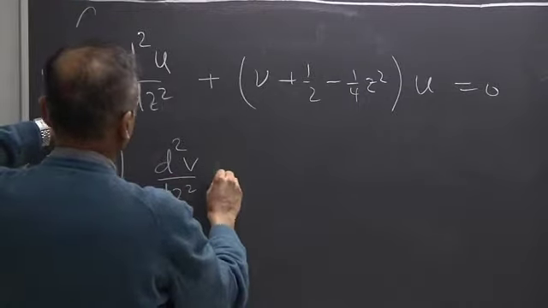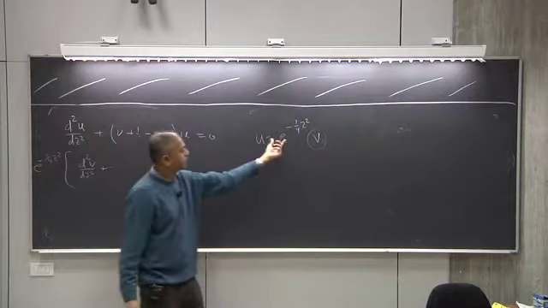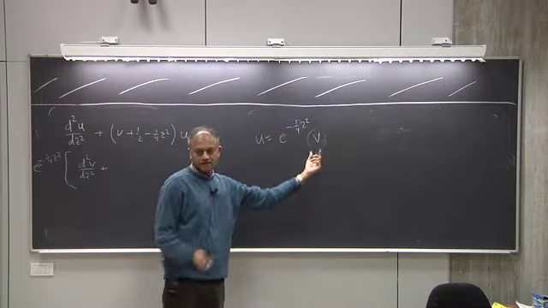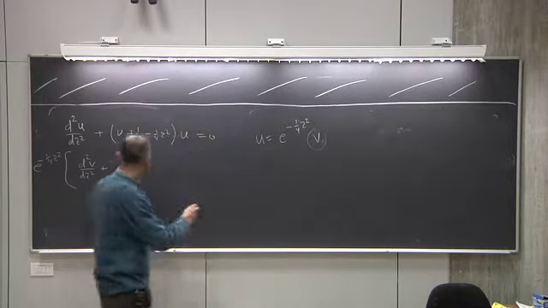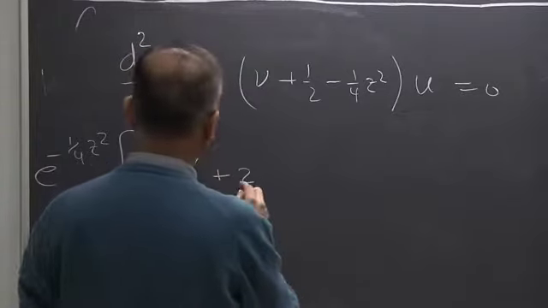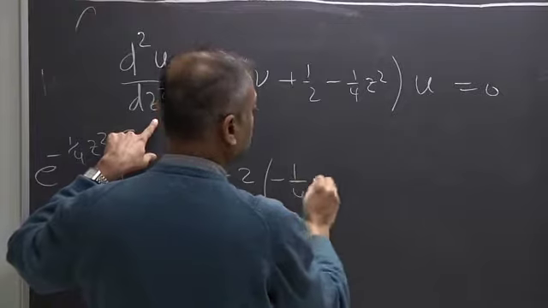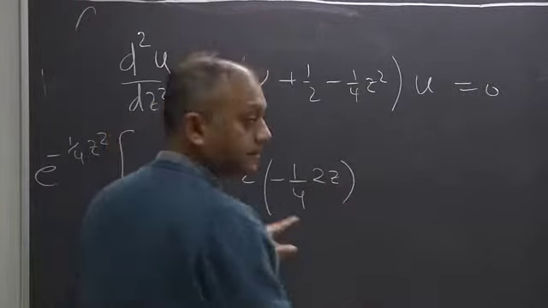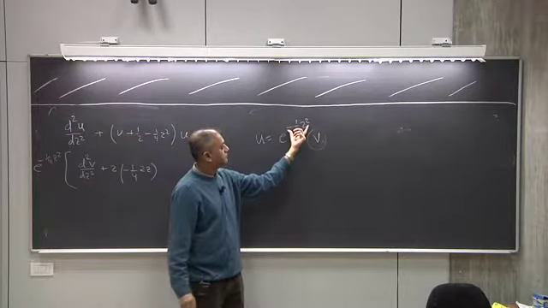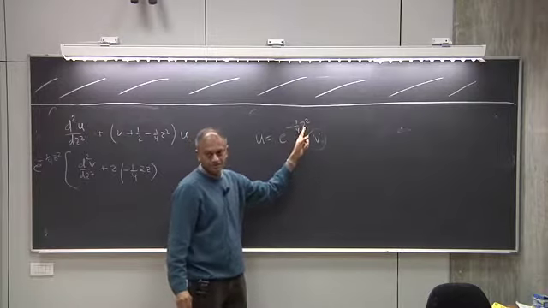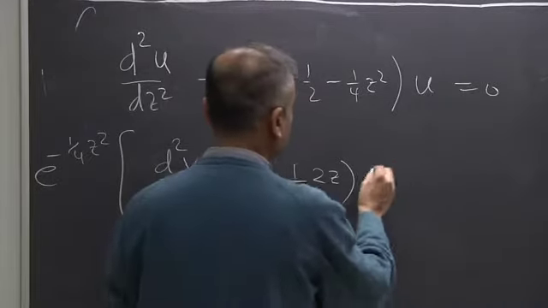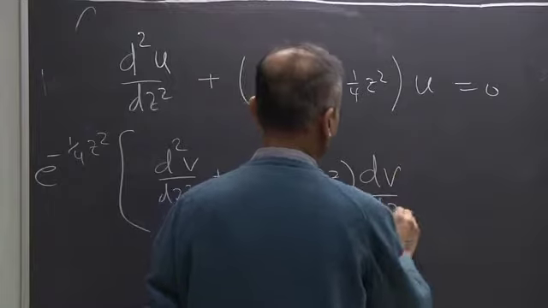Then there will be a term when one derivative hits the exponential factor and the other hits v, but there's a combinatoric factor of 2. So you get a plus 2 times the derivative acting on the exponential, which is minus 1/4 times 2z, times the derivative acting on v, which is dv by dz.